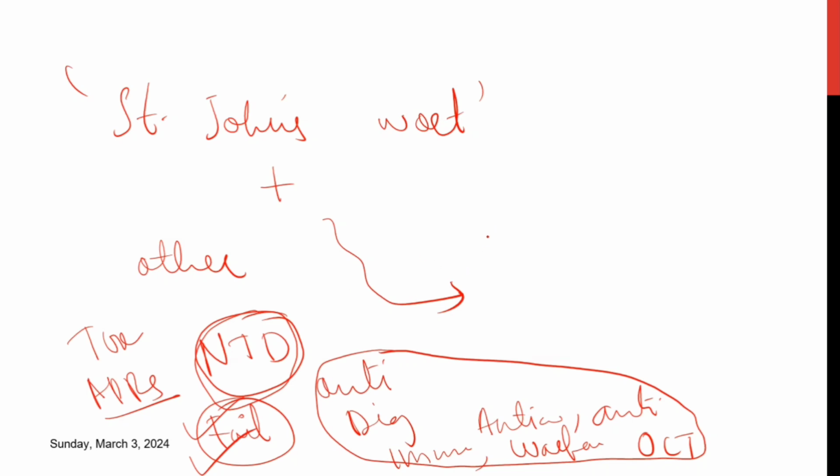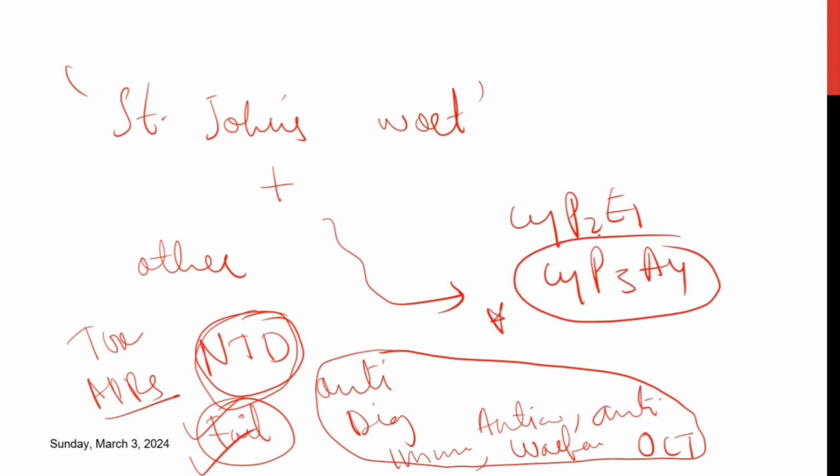Now listen carefully. We have certain enzymes like cytochrome P2E1. These are cytochrome P450 enzymes which are present in the liver and act in phase 1 metabolic reactions. Among those cytochrome P450 enzymes, we have cytochrome P2E1, cytochrome P3A4, very important, and cytochrome P1A2.